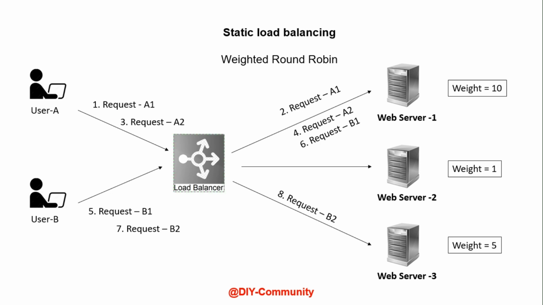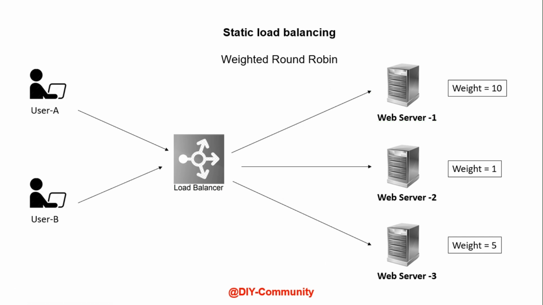When the load balancer gets a request, it will make sure that most of these requests are assigned to web server 1. So the server with a higher weight handles more requests than others. Now let's see an animation to better understand weighted round robin.